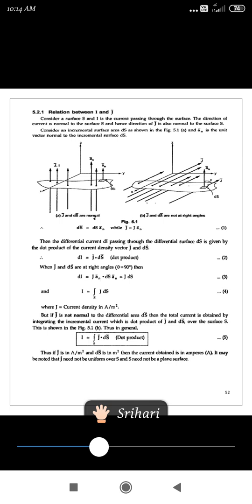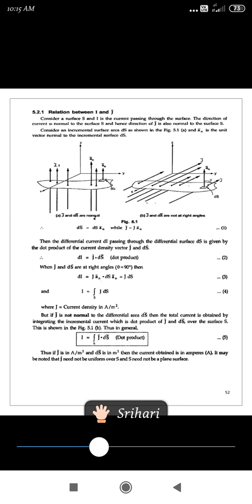Now, the relation between I and J: I is treated as the current and J is the current density. What is the relation between these two? Consider a surface S, and I is the current passing through the surface.